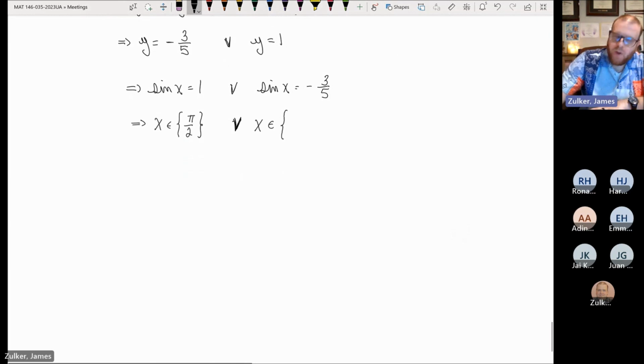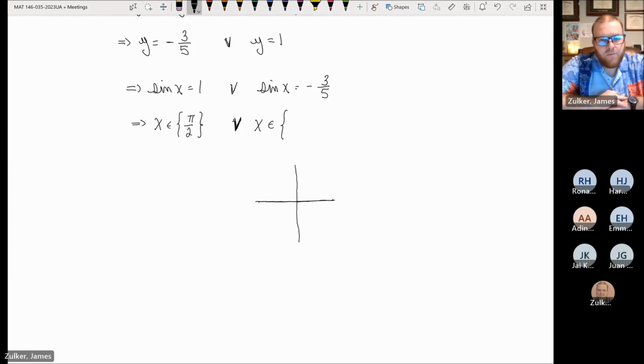Well, what quadrants would sine be negative in? Right, 3 and 4.